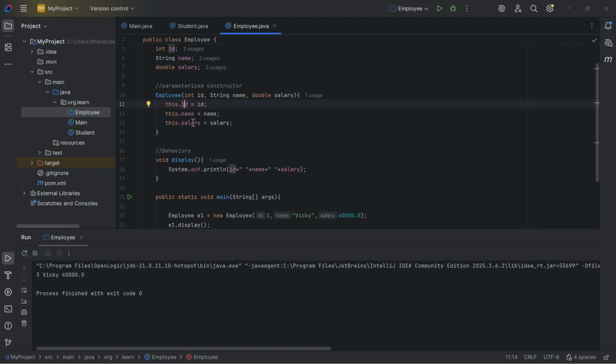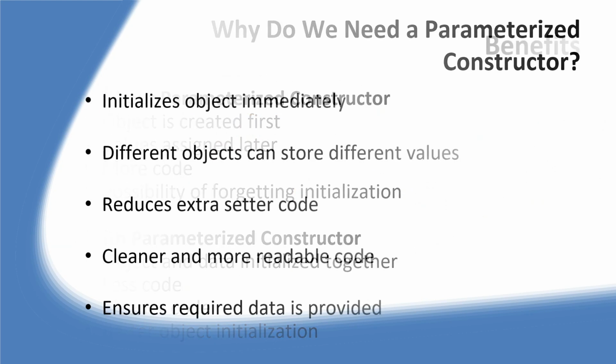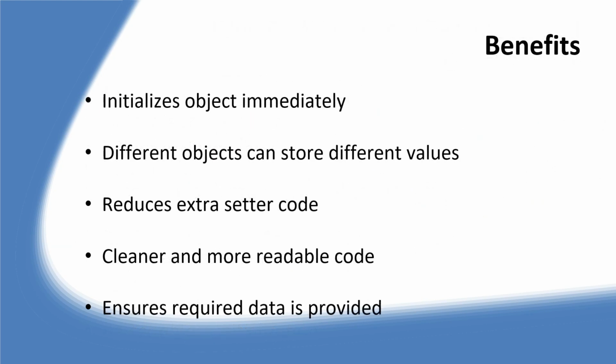Now we will see the benefits. What are the advantages? A parameterized constructor makes object creation easier. Every object starts with meaningful values. Here it is written, initializes object immediately.